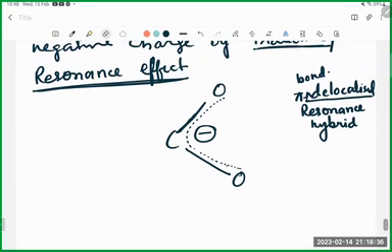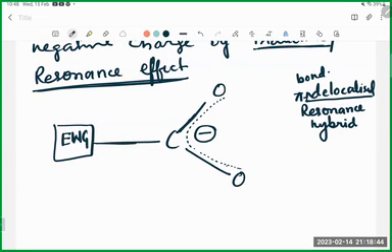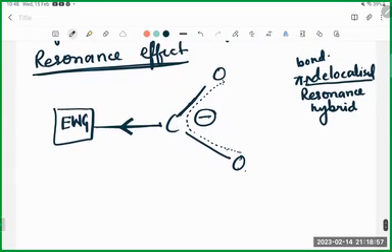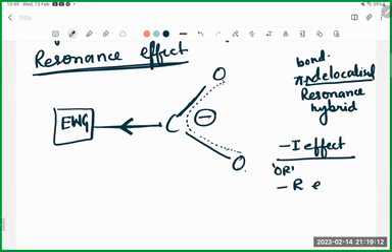Correct. So suppose the EWG group is present over here. The EWG group has electron withdrawing nature, so the arrow will be showing towards the EWG group. To fulfill this, the pi bond will be completely delocalizing among these three, and that's the reason we can say this is getting stabilized, with delocalization of negative charge. The effect shown here is the minus I effect, the negative inductive effect, also called the negative resonance effect.